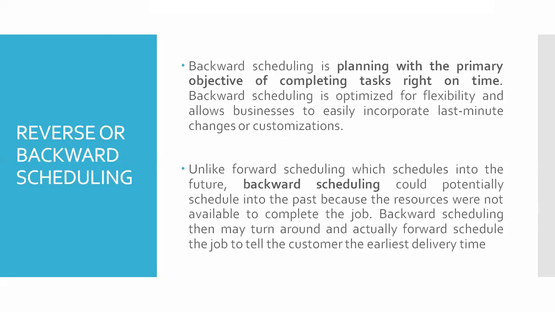Backward scheduling is planning with the primary objective of completing tasks right on time. So how can you have backward scheduling? It will plan with the primary objective of completing the task right on time. So at the right time, the task will be completed. Okay.